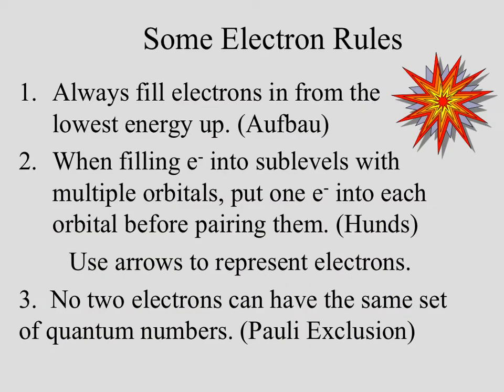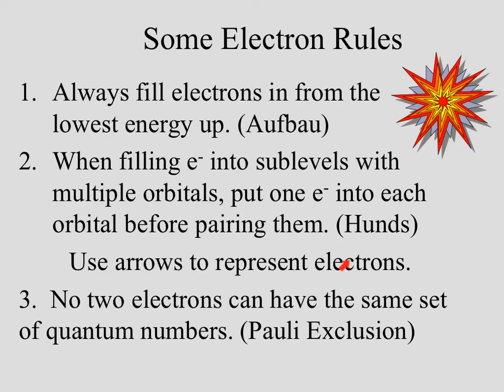So when considering the electron configuration and quantum numbers, there are a couple rules we need to keep in mind. The first one is the Aufbau principle that states that electrons are always filled in from the lowest energy level up, the lowest energy level being that first energy level where hydrogen and helium are.